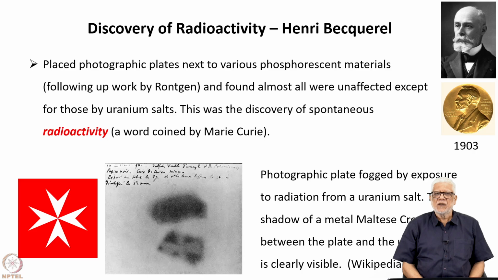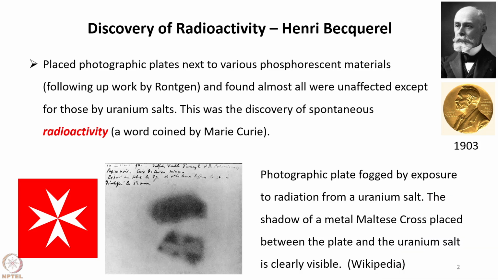And this was the discovery of spontaneous radioactivity. This is a word coined by Marie Curie, who we will come to in the next couple of slides. So, for this discovery of radioactivity, Henry Becquerel got the Nobel Prize in 1903. Of course, he shared it with the Curies.